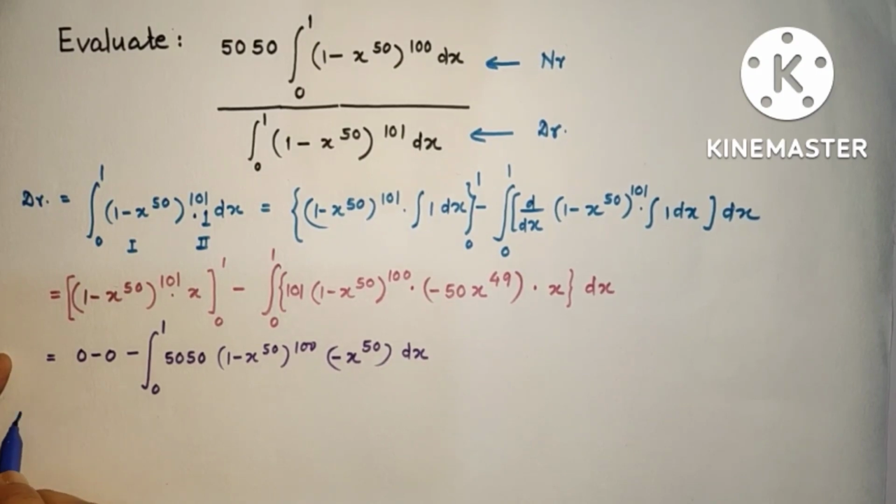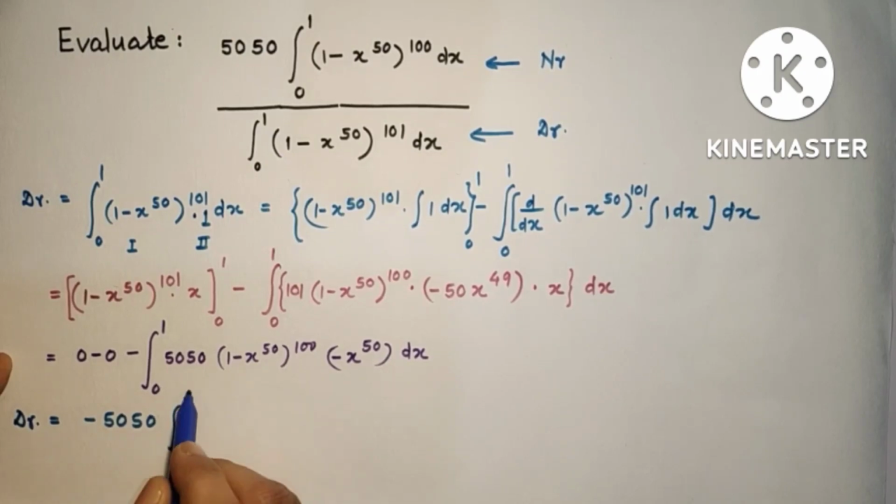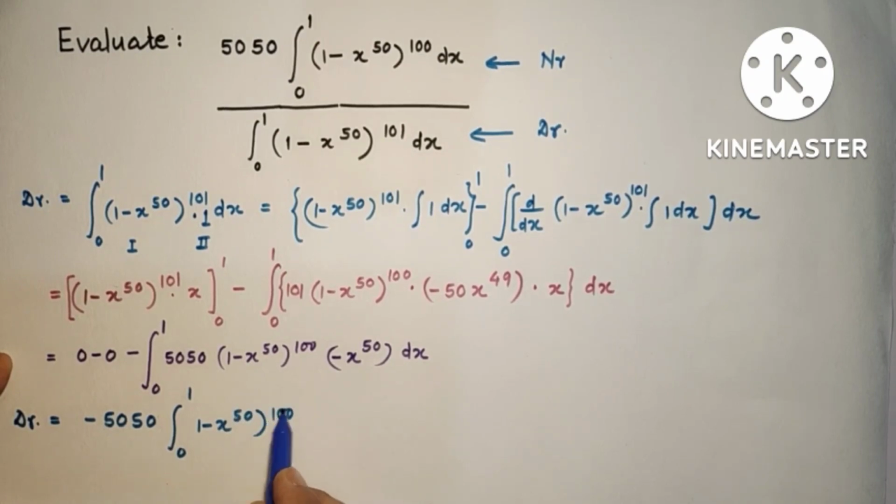So the denominator is equal to 0 minus 50, 50, integral from 0 to 1, (1 minus x raised to the power 50) raised to the power 100, and this minus x raised to the power 50, rewrite it as (1 minus x raised to the power 50) and minus 1.